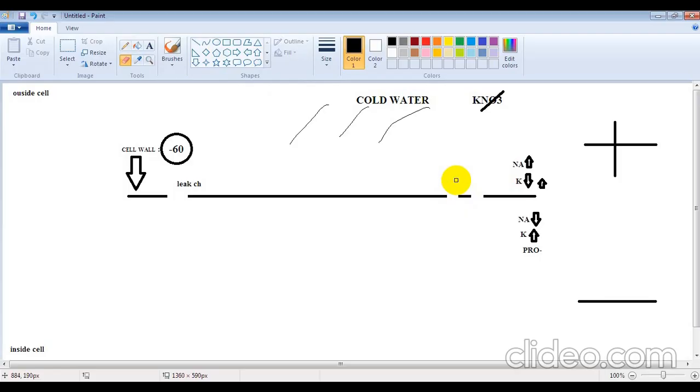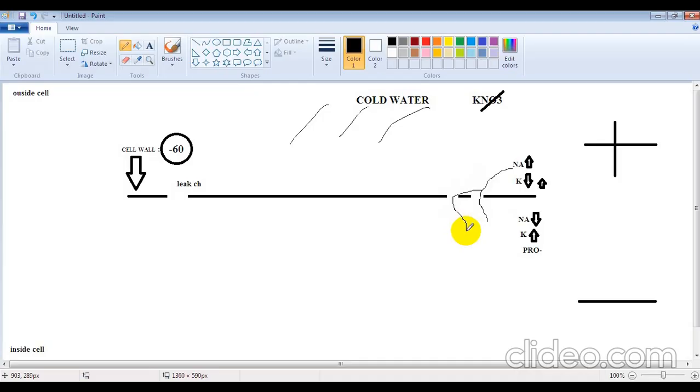And according to the law of diffusion, sodium enters the cells from outside to inside, because the sodium concentration outside the cells is more than inside the cells. And we can call this a spark.